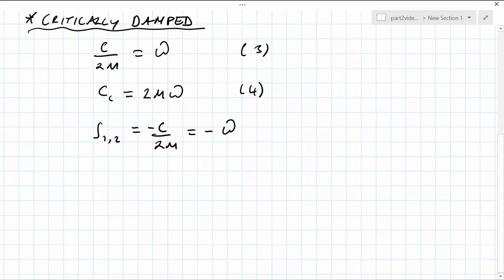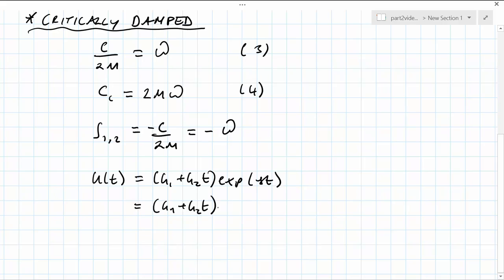A suitable form for a solution for u of t is therefore u of t equal to (g1 plus g2 t) times the exponential function e to the st, or (g1 plus g2 t) times the exponential function e to the minus omega t.